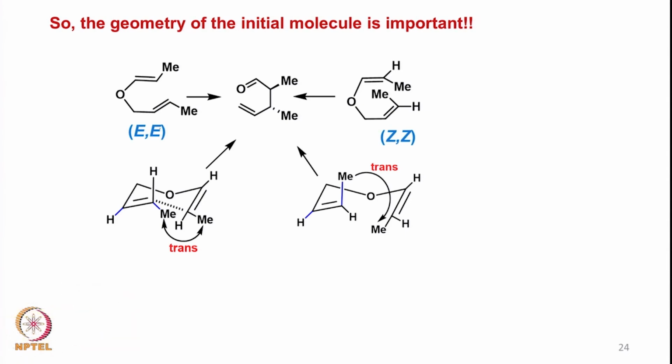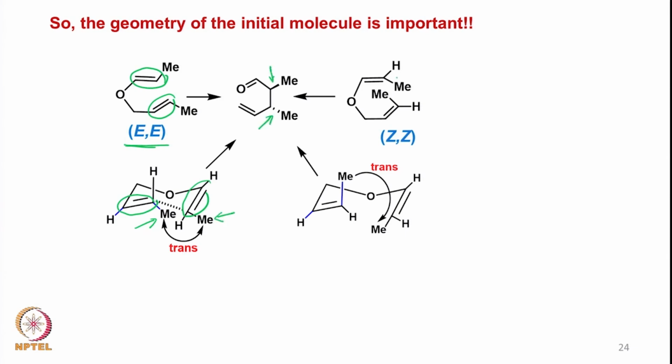For example, if we start with EE, that is this is E and this is also E, then the transition state would look like this, where we have maintained the E here and we also maintain the E here. When that transition state is formed and the CC bond is being formed, as one can see this methyl is pointing downward and this is pointing upward, and therefore here we have these two anti to each other.